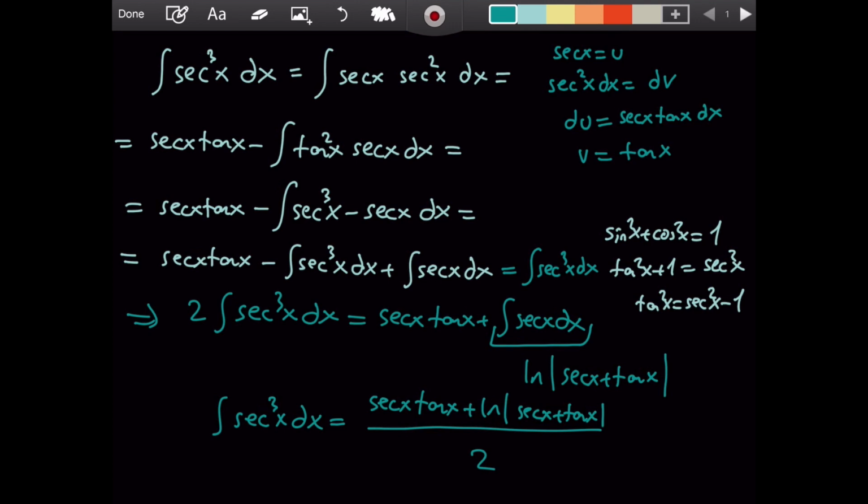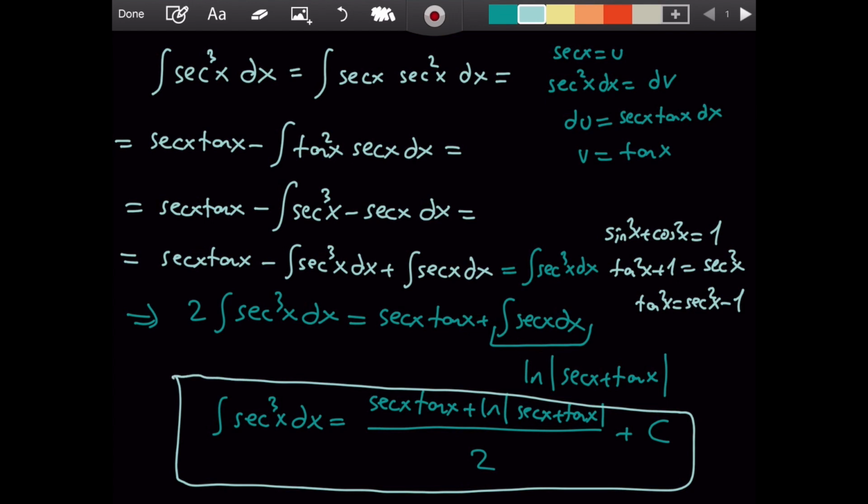Of course, I should have said there is a plus c here from the integral of secant of x, which will be here. You can edit here as well, but you just have c over 2, which is just another constant, so why not put it at the very end? And that, my friend, is the integral of secant cubed of x dx.